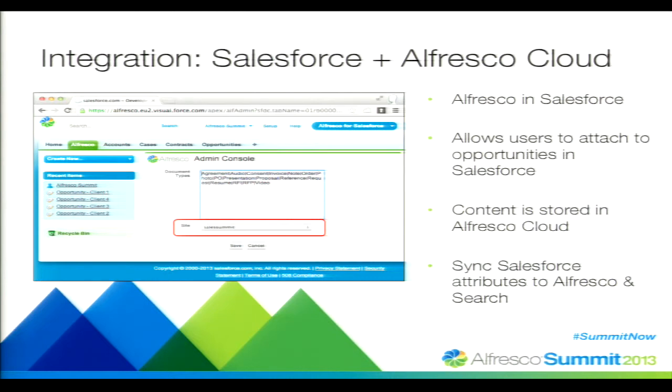So basically this is a plugin that allows users to attach documents to opportunities in Salesforce, and this content is stored in Alfresco Cloud. This plugin also allows us to synchronize the metadata that we include in our opportunities in Salesforce, and to search using this metadata in Alfresco. This is going to be shown in the demo as well, okay?